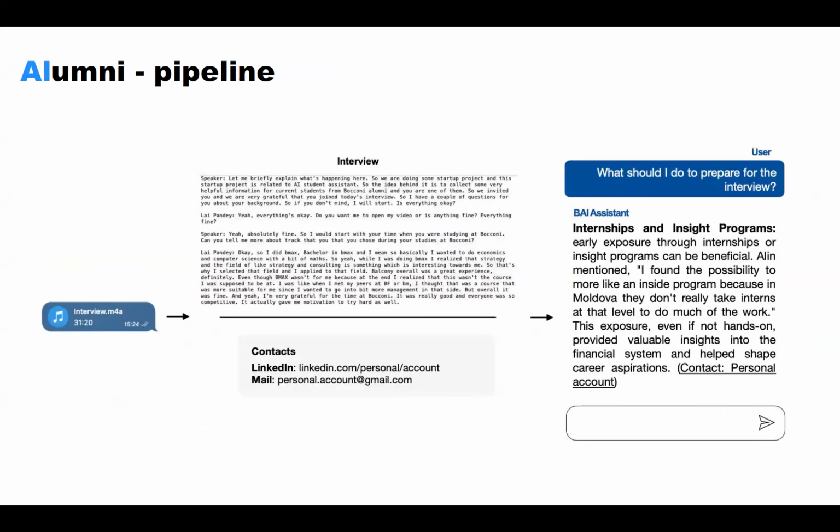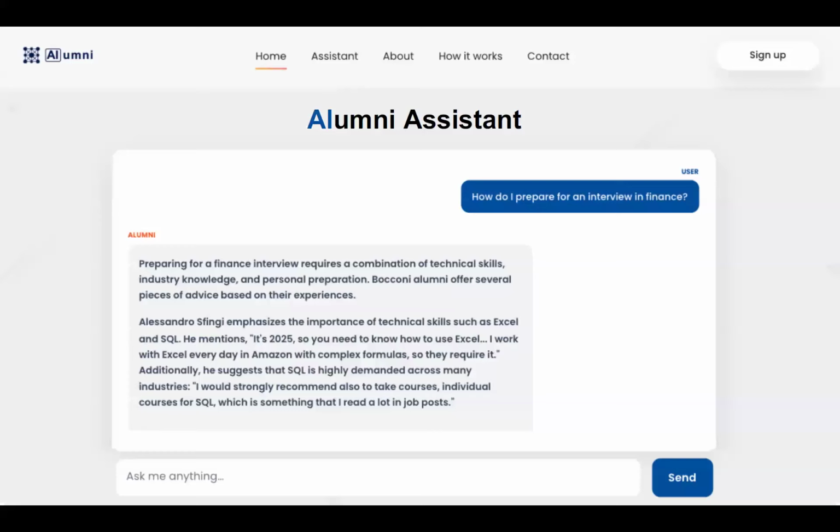The pipeline, I think, is super clear. You have an interview, you convert it to text. After that, you extract relevant information, structure it, and after that, you build an AI assistant that will respond based on these interviews. So this is how it looks.